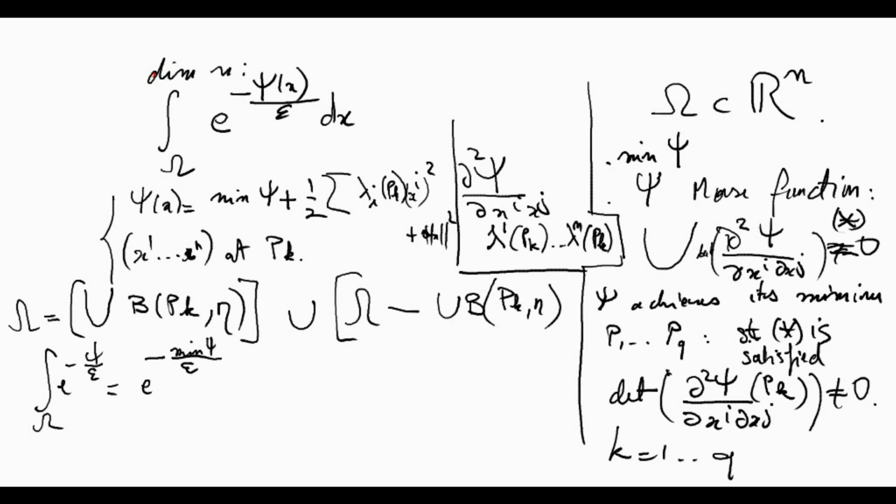The intersection of any two balls B(p_k, eta) is empty. So there is no intersection.